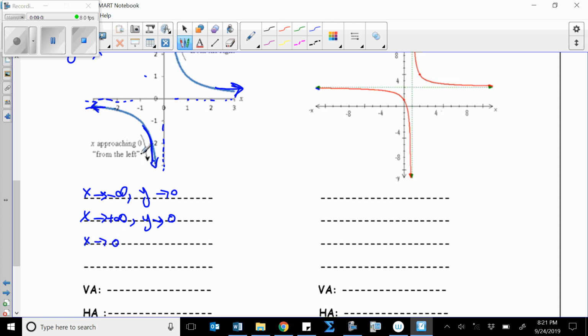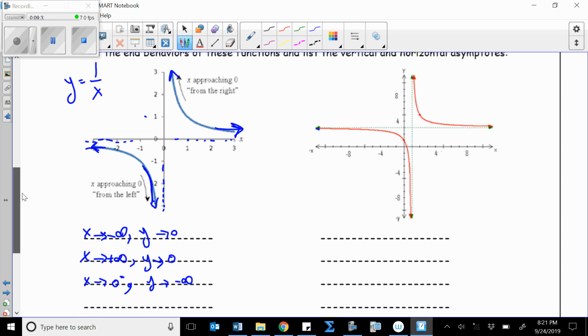Because x is approaching 0 from the left side, we're going to put a small negative sign on top of the 0 to show that this is getting close to 0 from the left side. And then what is y doing here? y is just decreasing forever. It's going down and down. So y is going to negative infinity.